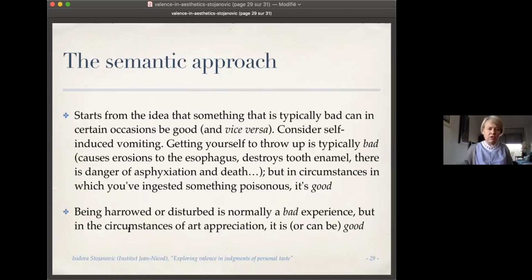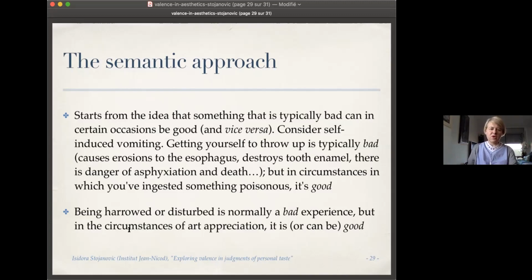Now, this can be contrasted with the semantic approach, where the idea is going to be basically that even though the adjective itself is marked as negative, it is still in the semantics itself that this negativity can be overridden or overthrown.